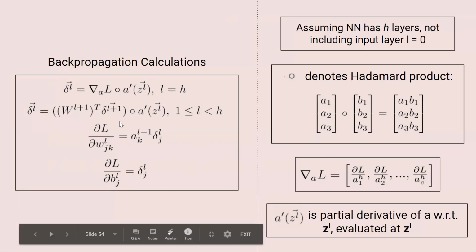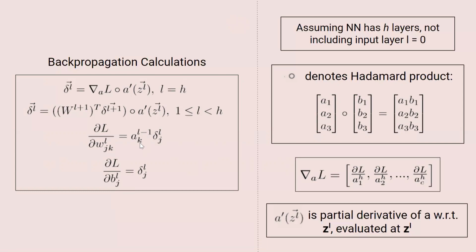These are what we are super interested in. These are directly how we change our weights and biases. And it's really just, this is the activation, just a real number, a single number, times this, which is also a single number, right? But it's a specific component of our vector. That's why we don't have the arrow up here and we have the subscript j. And really, this is all just derived from the chain rule.